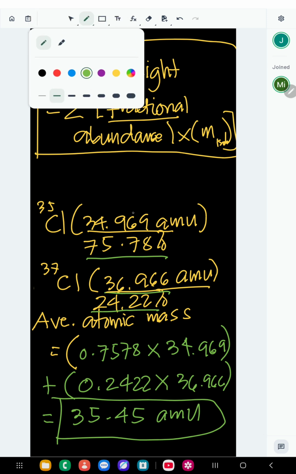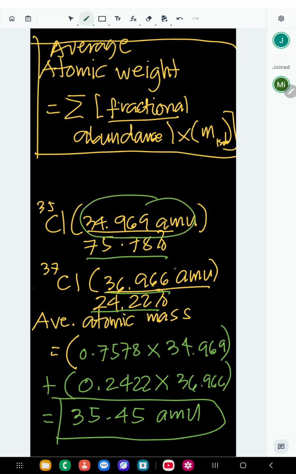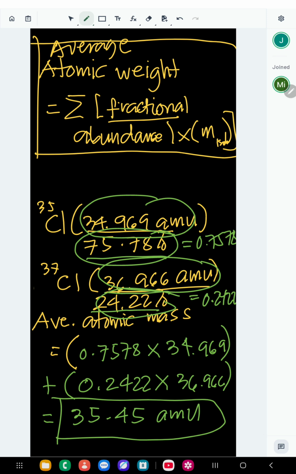We're given the mass of each of the isotopes of chlorine, and we're given the percent abundance. You just convert this to decimal by dividing it by 100. Now you got it?